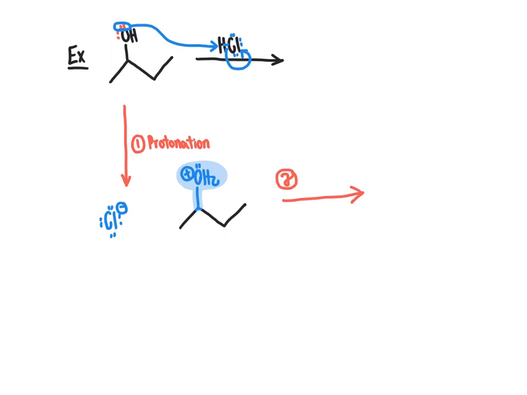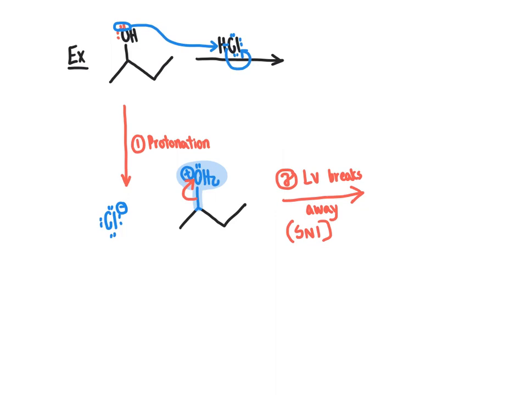So step 2 is going to be that the leaving group breaks away. And this assumes that we're doing an Sn1 reaction, which is certainly a reasonable thing to do at secondary or tertiary carbons. At primary carbons, we're going to have to take a slightly different route, because if we just break away the leaving group without something else happening simultaneously, we'd be left with a primary carbocation, which is a big no-no.